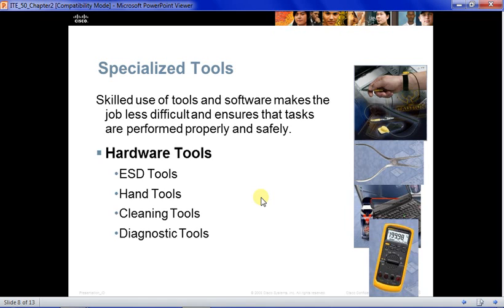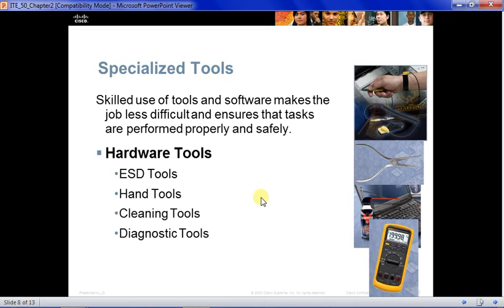In the reading, there's a little flash activity that you can do. You want to click on each one and make sure you're familiar with the difference between a flathead screwdriver and a Phillips head screwdriver, that you know what a hex driver is and how to use them. And you always want to make sure you use the proper tool for the proper equipment.